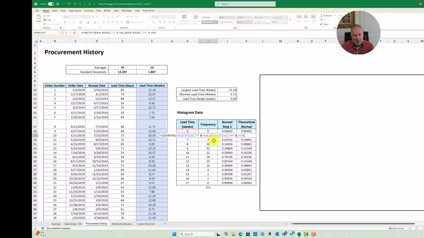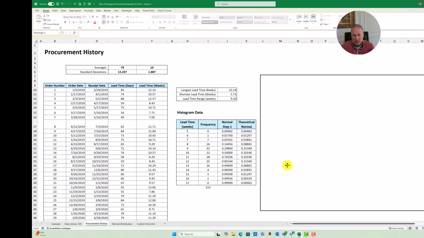That's a 1. One time it came in between 5 and 6. How many times was it greater than 6 but less than or equal to 7? That was 7 times, and so on. We fill out this table. At the bottom, if I sum up all these frequencies, it's 153, which it should be, since that's how many data points we had in our table.